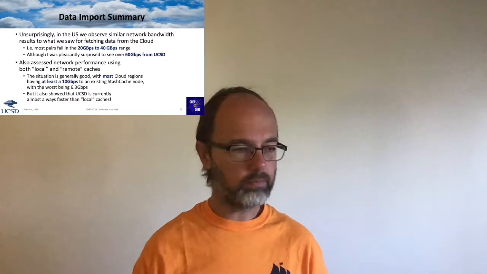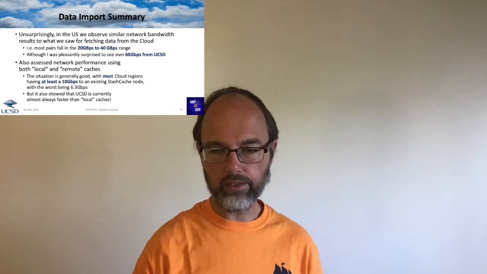And the numbers are also comparable. You get pretty much the same results you got for getting data out of the cloud, between 20 and 40 gigabits per second. Although I did peak at 60 gigabits per second getting to UCSD, which was a nice surprise.